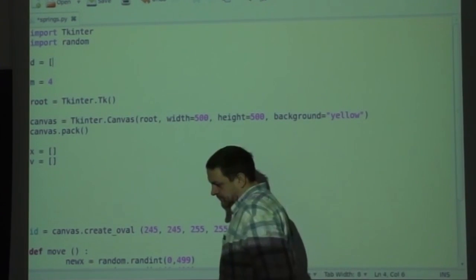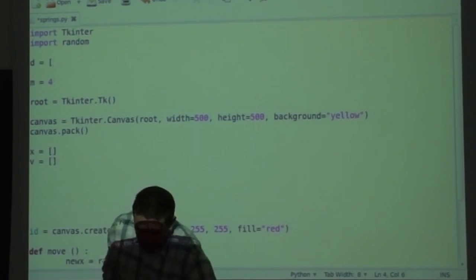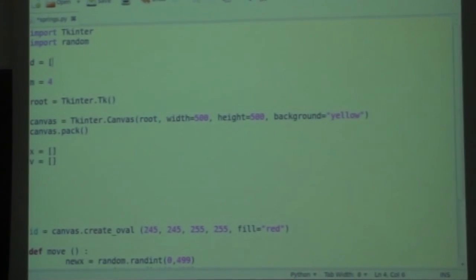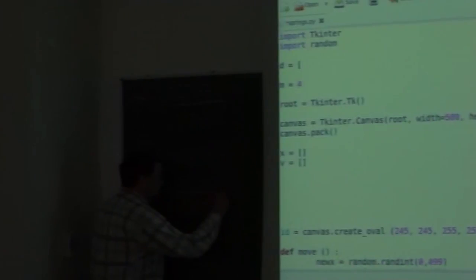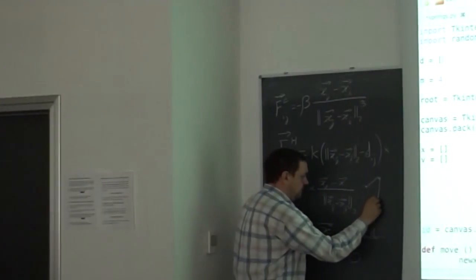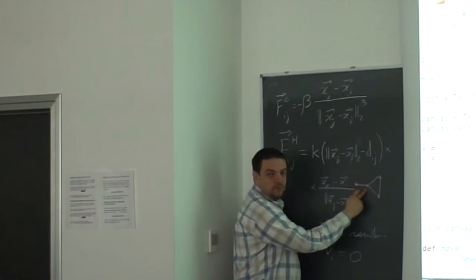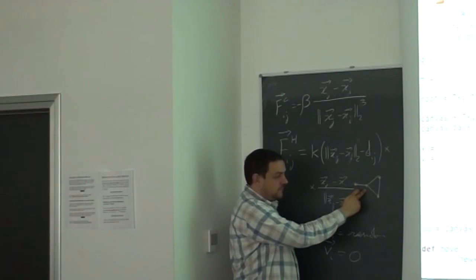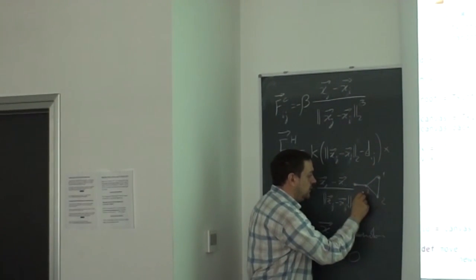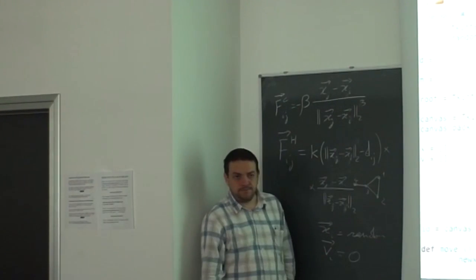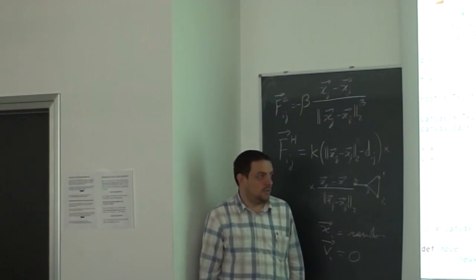I would like to reproduce, for example, the example of yesterday, which was 3 particles of mutual distance 1, and the 4th particle with distance 1 from the third. So 1, 2, 3, and 4, like this.